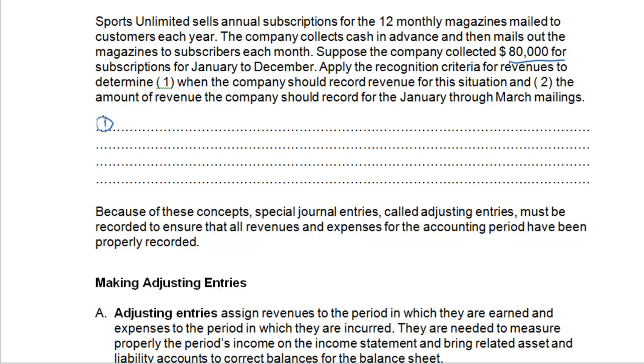Well, they should record the revenue when? They should record 1/12 of the total each month, after the magazine is mailed out. Okay?